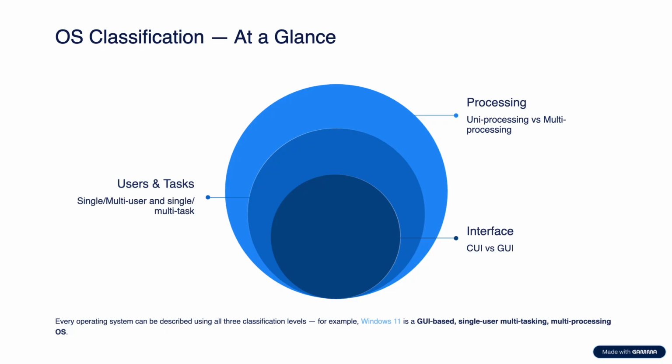Let's take a look at our final technical classification metric, processing. This metric shows how software coordinates instructions across physical silicon processor chips. In the past, systems used uniprocessing architecture, which meant they had just one CPU chip on the main board. This limited them to processing one instruction path at a time, which could cause delays for slower tasks.